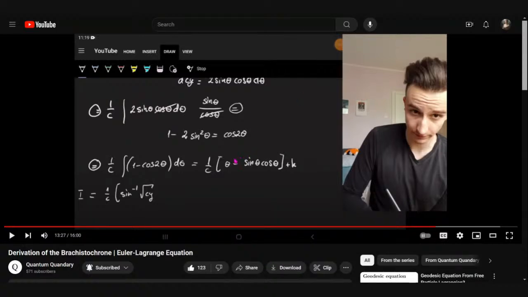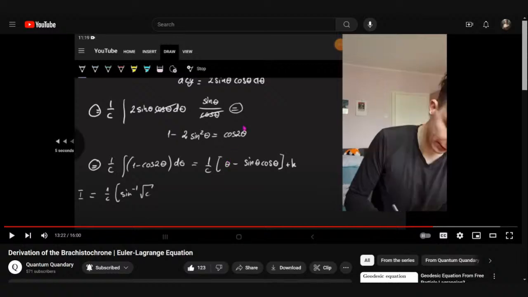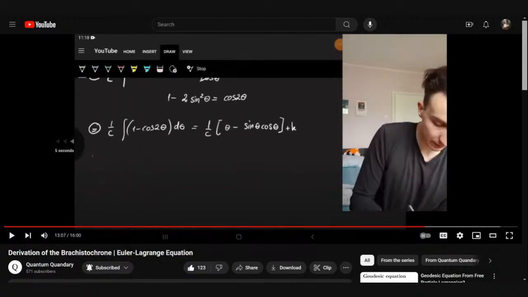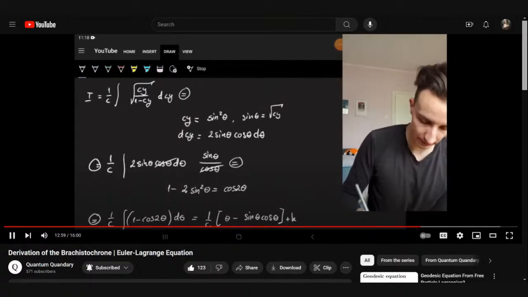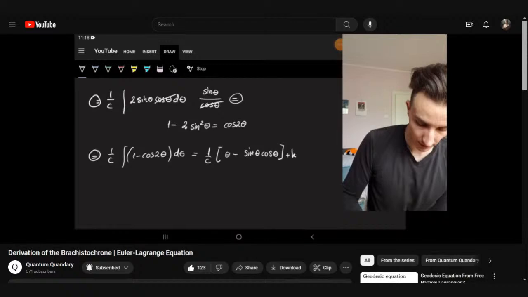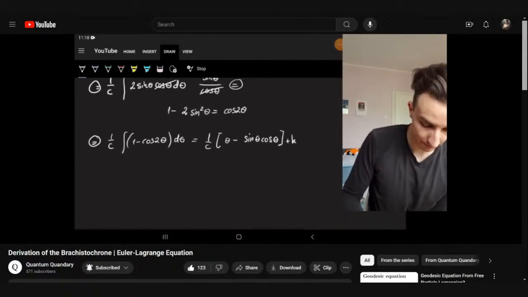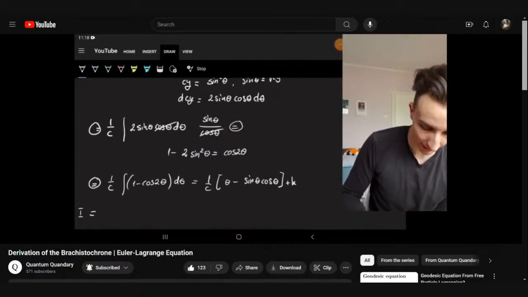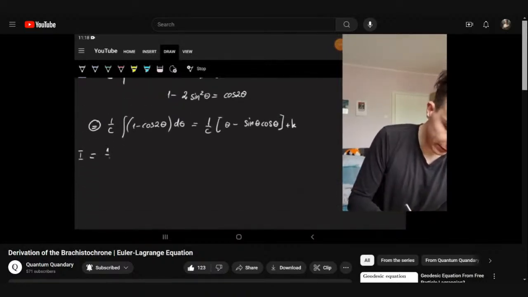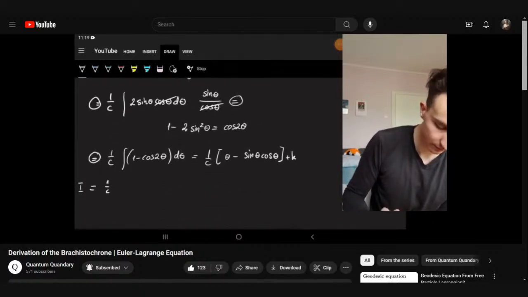So we need to convert theta into x and y. So what's the conversion?